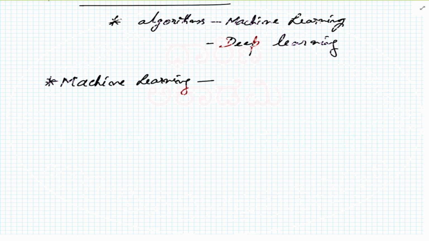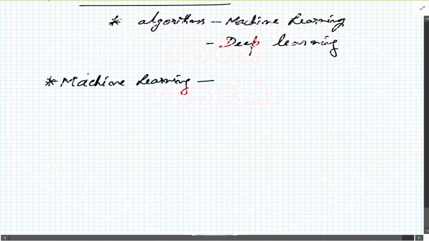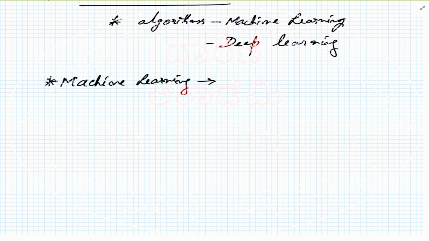Since you have already studied a subject based on this, it becomes easier for us to understand. So what is the basic objective of machine learning? What's the basic goal here? You have some problem, you want to solve the problem with the help of a machine.